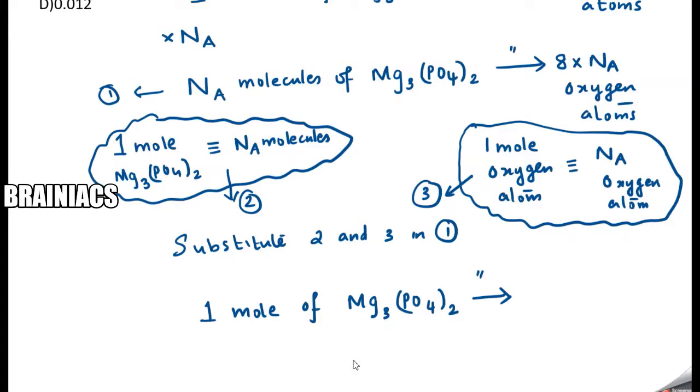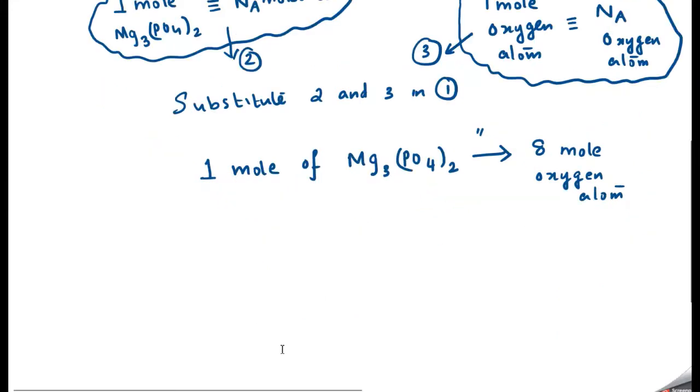I know Na oxygen atoms is equal to 1 mole of oxygen atoms. So if I substitute Na equal to 1 mole, it becomes 8 into 1 mole, that is 8 mole of oxygen atoms, correct? Now we have arrived at a fundamental relationship: 1 mole of magnesium phosphate contains 8 mole of oxygen atoms.